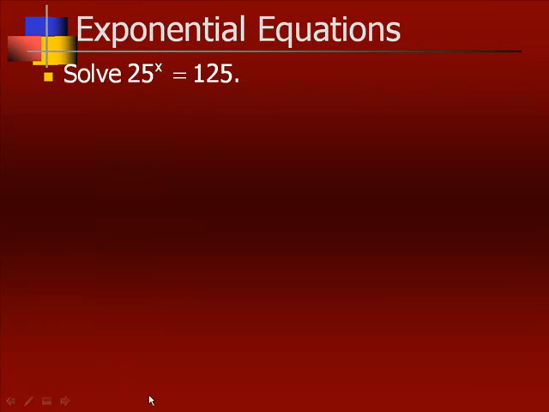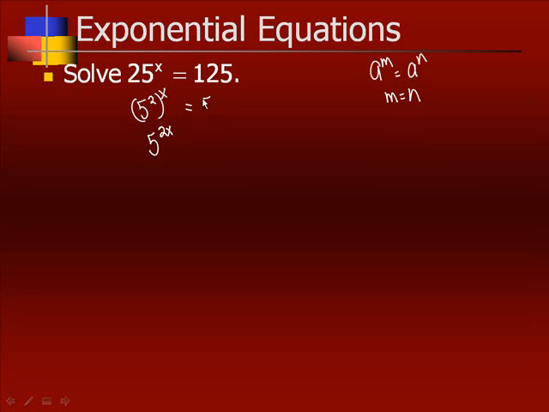Now, let's solve some exponential equations. 25 to the x power is equal to 125. Do you remember one of the properties earlier that said if a to the m is equal to a to the n, then m has to equal n? So 25 to the x is the same as saying 5 squared to the x, or 5 to the 2x.